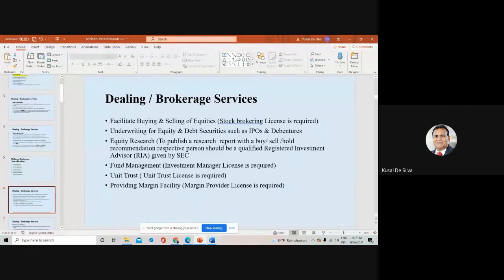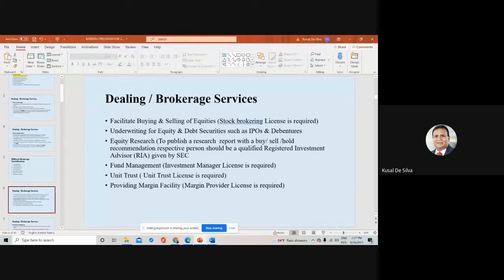They do the research and the valuations on behalf of the prospective company, and they sell. Say, for example, if they expect to raise 1 billion from an IPO, they underwrite. If it is undersubscribed, they will buy the balance amount of the IPO. So that is underwriting.